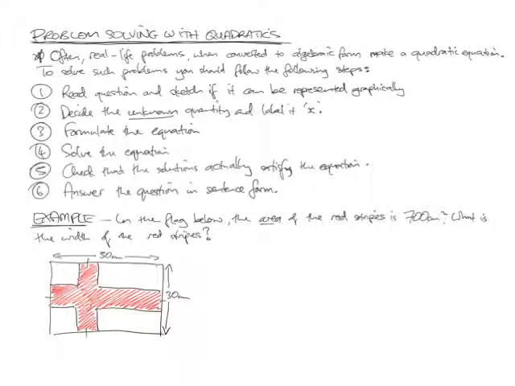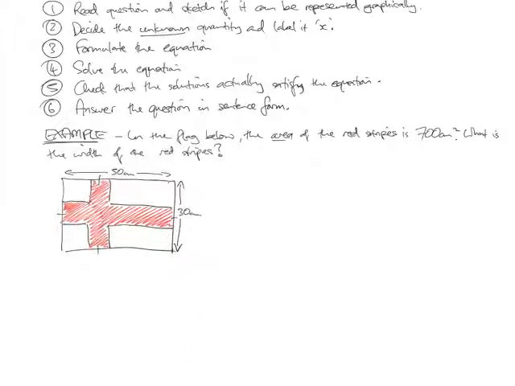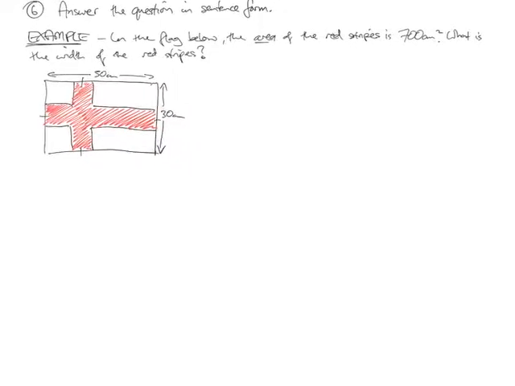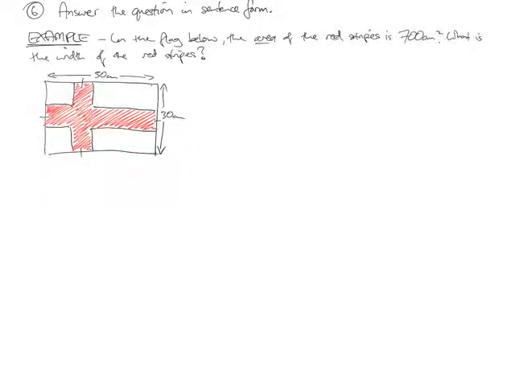You're going to often get multiple solutions because it's a quadratic. You need to make sure that your solutions are actually solving the equation in the first place, and also that they're realistic. And lastly, answer the question in sentence form. Don't just give the answer as numbers. You need to actually answer the question in a sentence because it was given in a sentence.